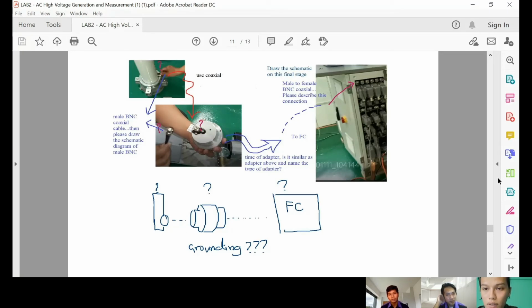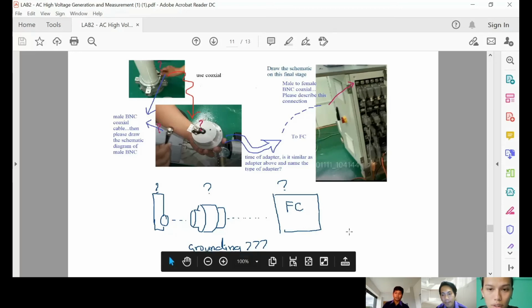All these components are connected with the braided copper cable. The braided copper is connected to the building earthing. This is from the video: the braided copper is connected to the building at the lab.